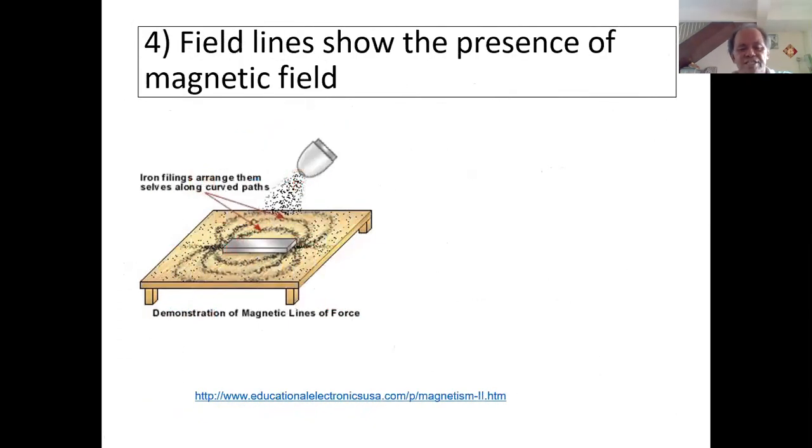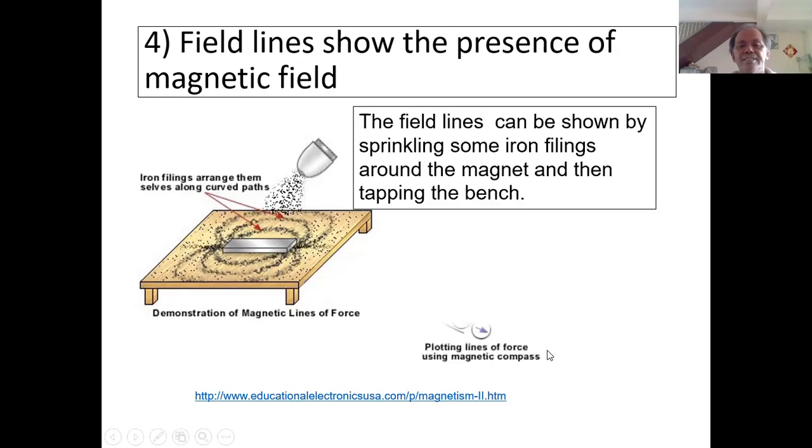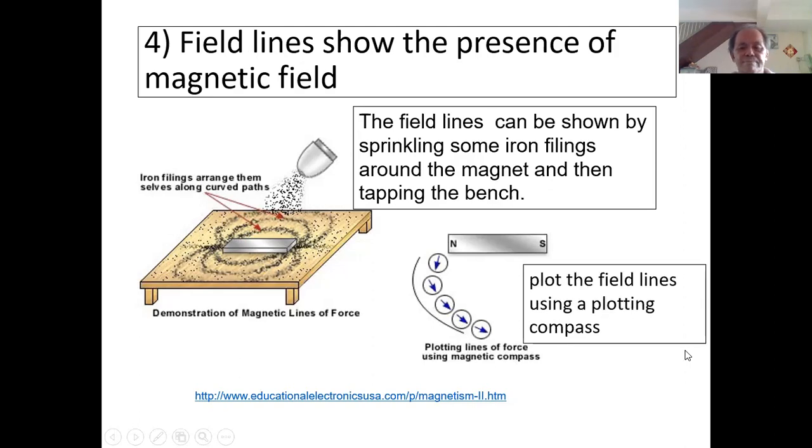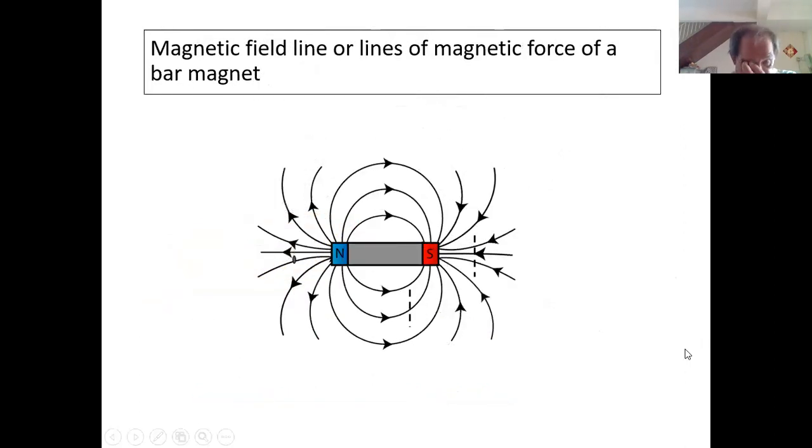Just as I said, we can show that there is a magnetic field around it by keeping some iron filing, then tapping the table or bench, or use a magnetic compass to plot the magnetic field. And we can draw the field of the magnet.